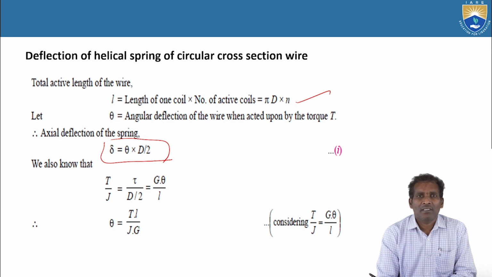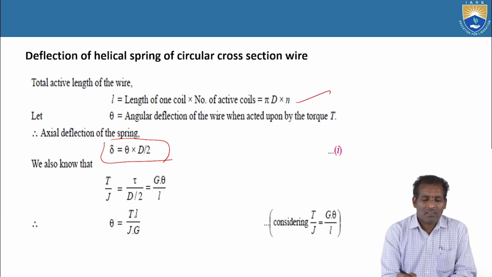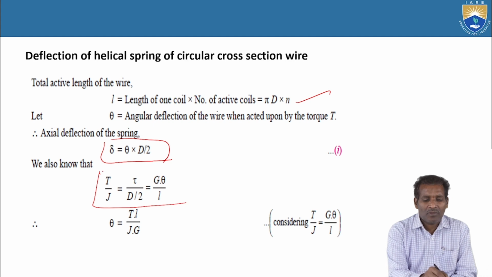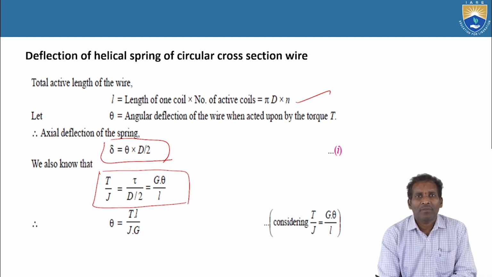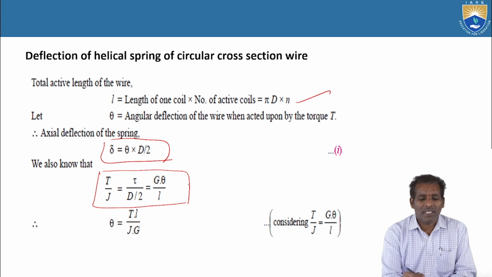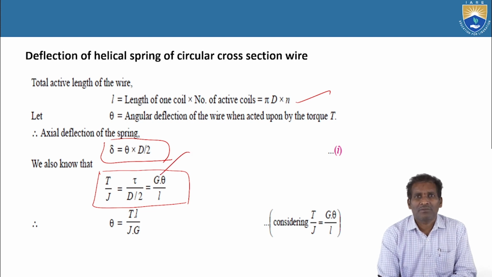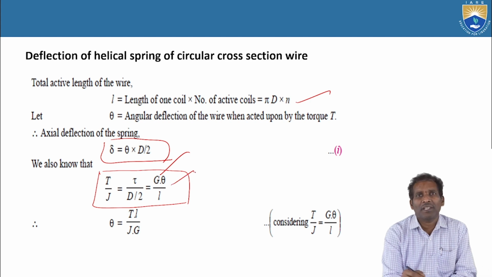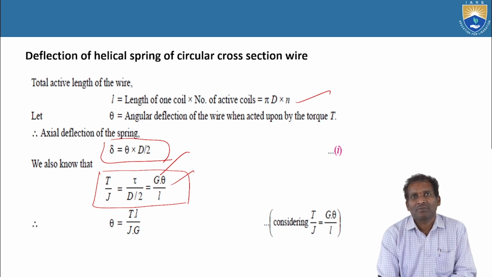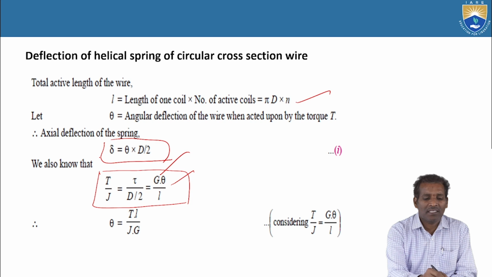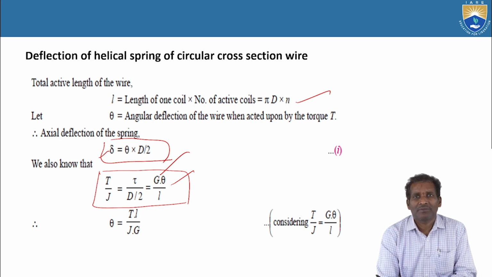We know the torsion equation: T by J is equal to tau by R is equal to G theta by L. What is G? Modulus of rigidity. Theta is angular deflection, and delta is axial deflection.